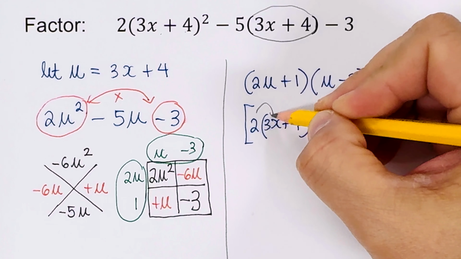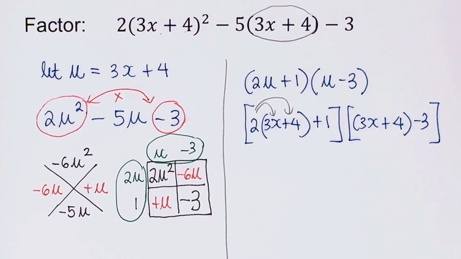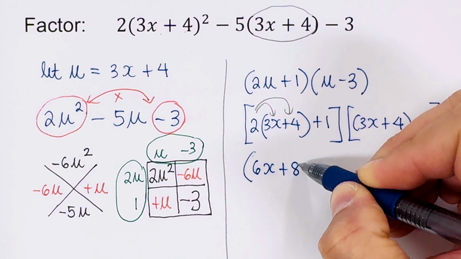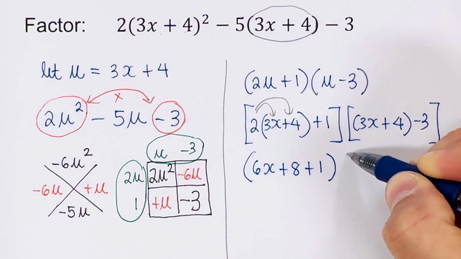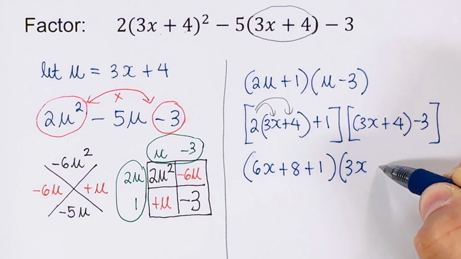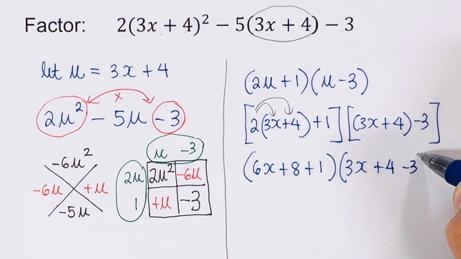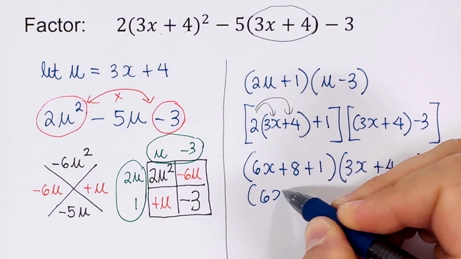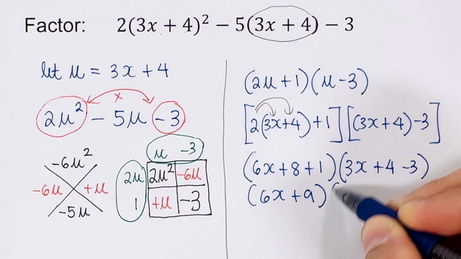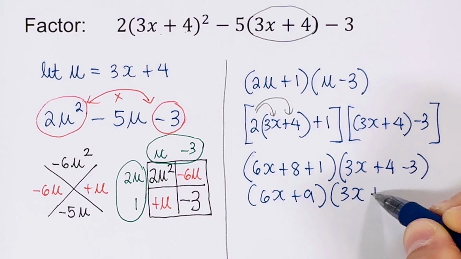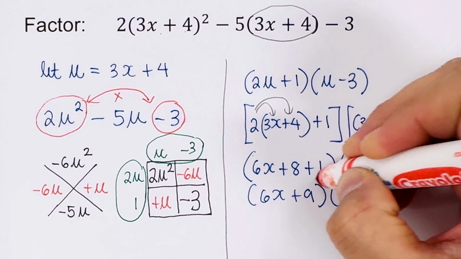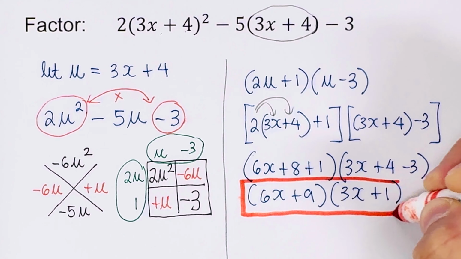Remember, these two can be distributed so that this would come out. That's 6x plus 8, and then we get a plus 1. And then this is 3x plus 4 minus 3. Simplify further, this is 6x plus 9 and 3x plus 1. This can be the factored form for this expression that we have up there.